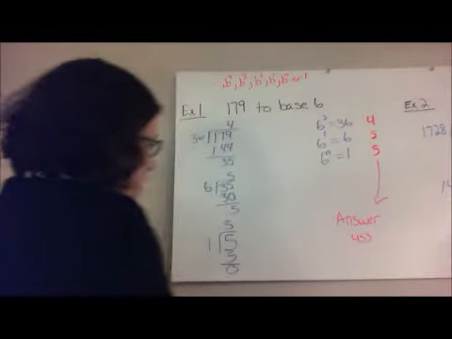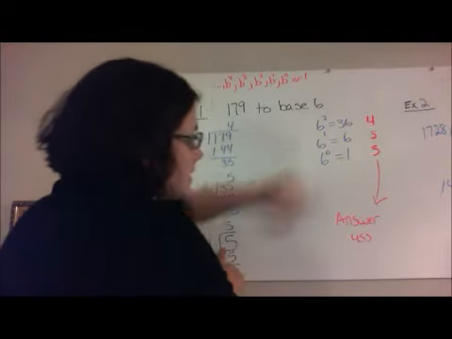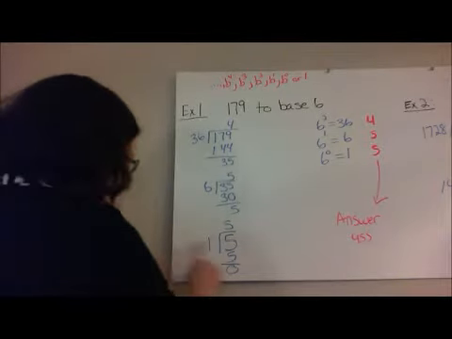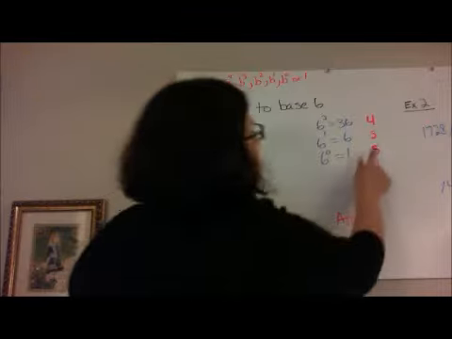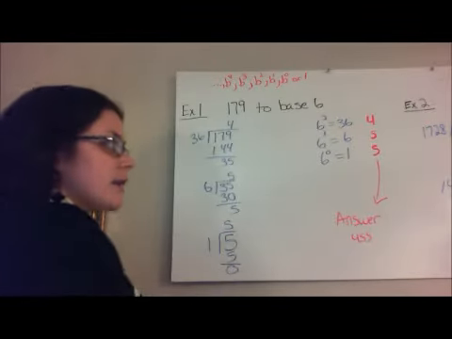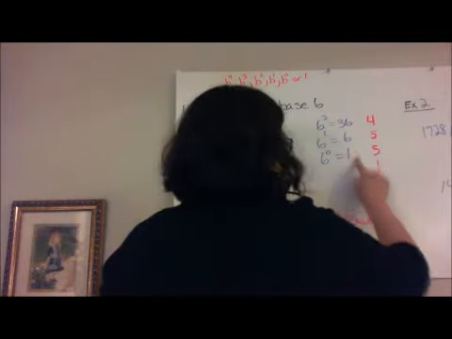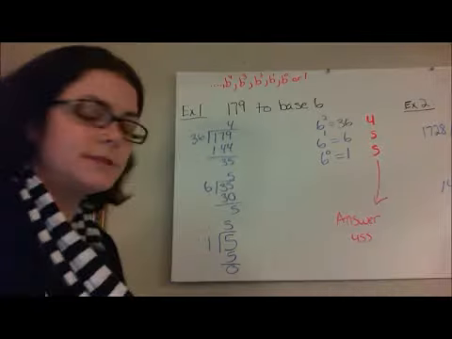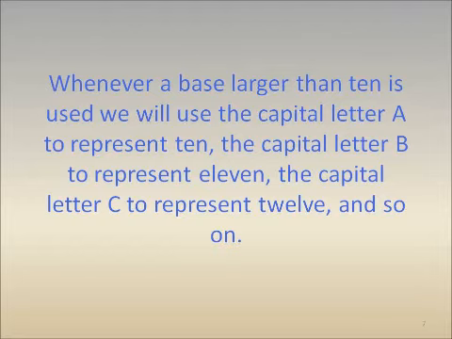Now we take that remainder, scoot it down, and we go down to the next one, which is 1. 1 goes into 5 5 times with a 0 remainder. And you scoot the 5 right over there. Now, once you come here, you just bring your answer down, and ta-da, you got it.